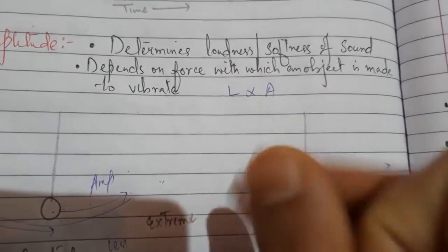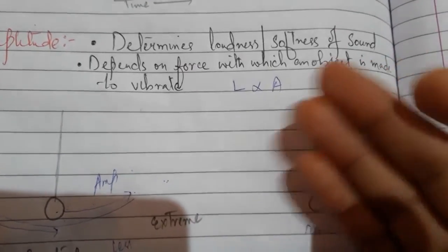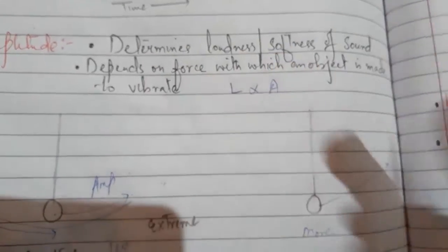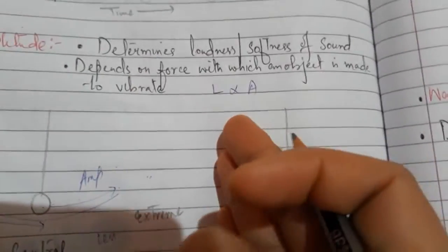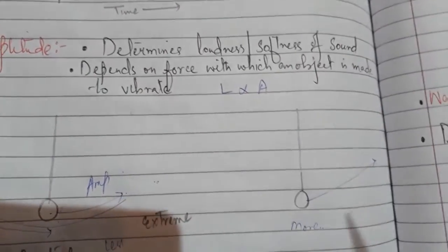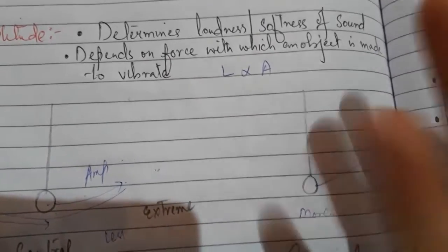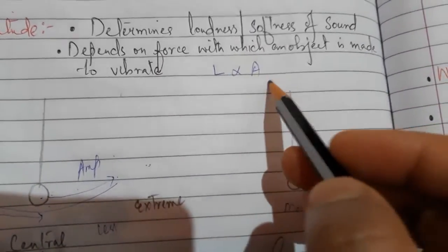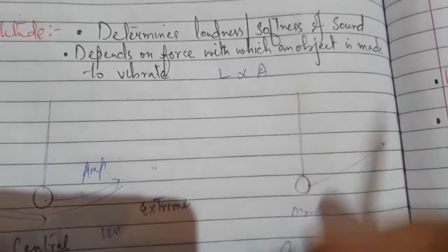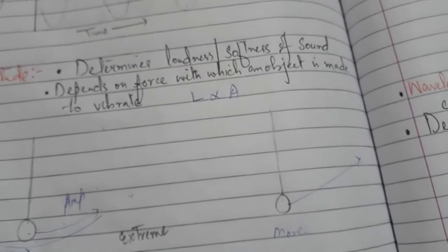In the second scenario, if I tap the table extremely hard and fast, the force applied is more, so the sound produced is more, and therefore the amplitude is more. The loudness of sound is directly proportional to amplitude. The greater the amplitude, the louder the sound.